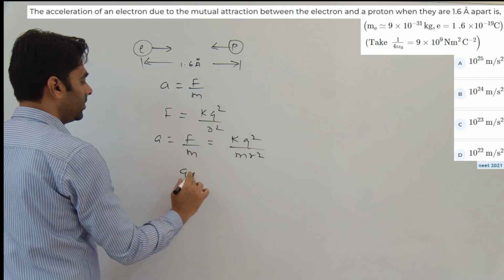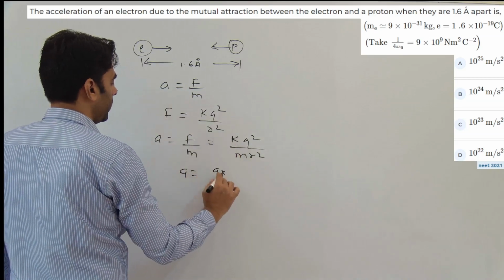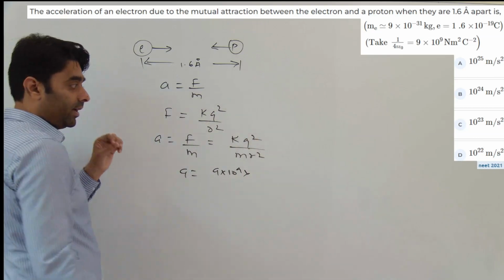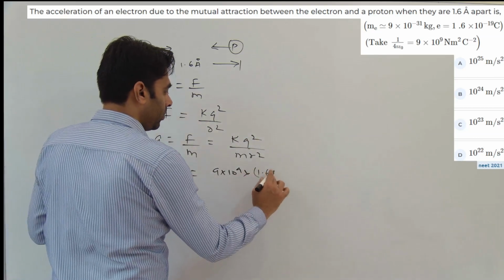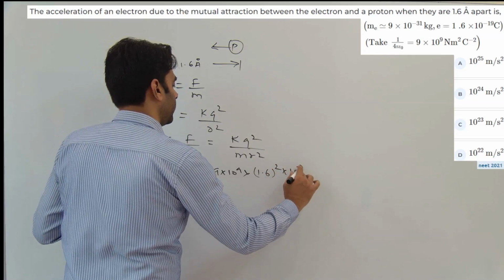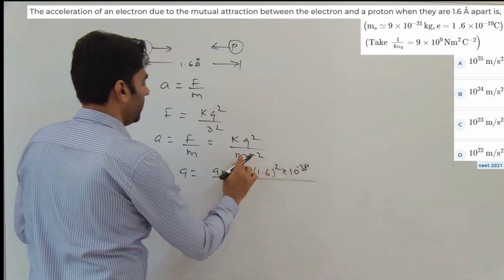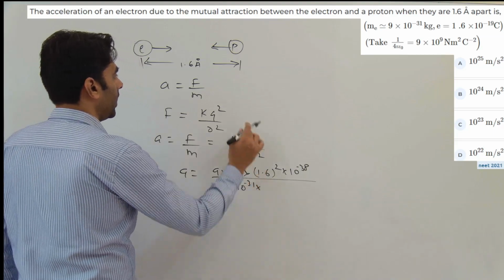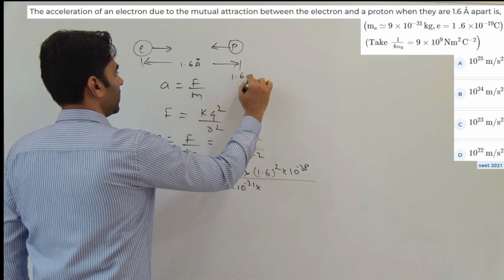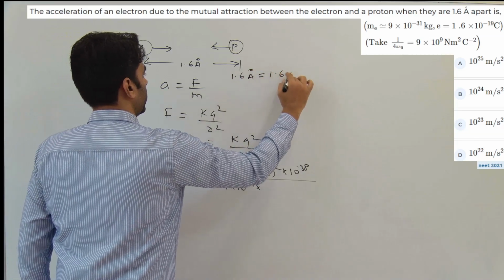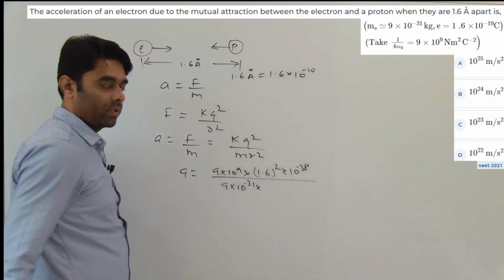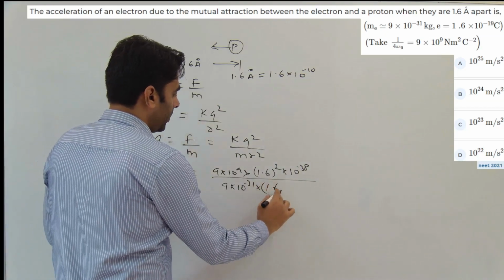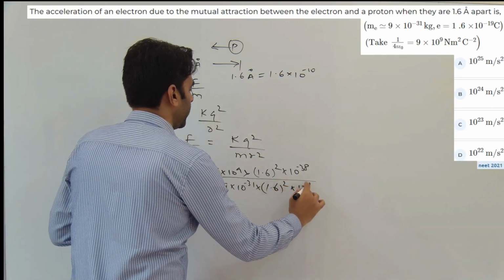I'll substitute the terms. k is 9 into 10 power 9. q square, 1.6 into 10 power minus 19 square, so 1.6 square into 10 power minus 38, divided by mass, which is given in the question, 9 into 10 power minus 31, into r square. But this 1.6 angstrom is basically 1.6 into 10 power minus 10. If we square it, it will come out 1.6 square into 10 power minus 20.